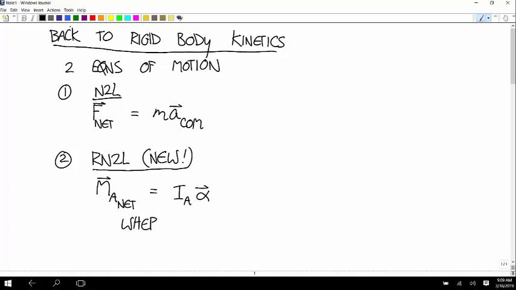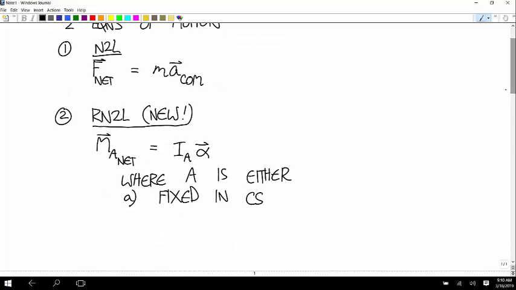But there are restrictions on what A can be, unlike in statics. So A is either fixed in the inertial coordinate system or the center of mass. I might have done that in the opposite order before.